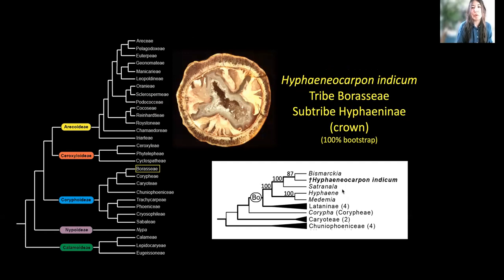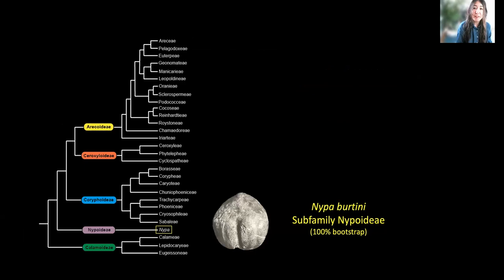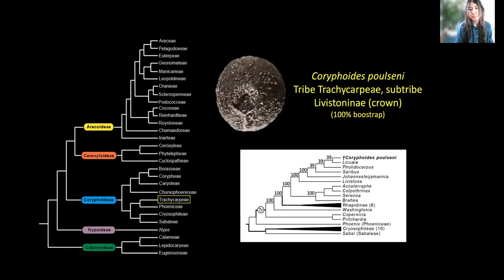This is consistent with what we found using fewer characters when we originally published on this fossil. Nypa bertini comes out in subfamily Nypoideae, sister to living Nypa fruticans. And this is not surprising given it was originally placed in genus Nypa, but we included it as a test of our data set.